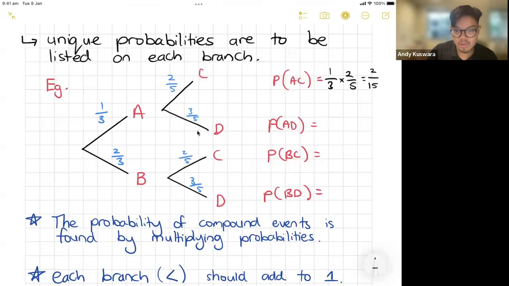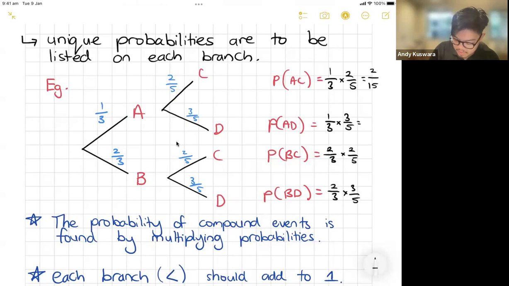Same thing for AD, it'll be a third times 3/5. BC would be 2/3 times 2/5. Hopefully you're tracking along and seeing where I'm pulling out these numbers from. And then BD is 2/3 times 3/5.